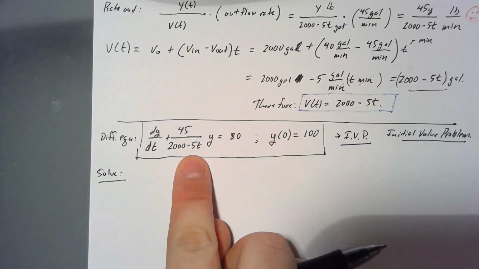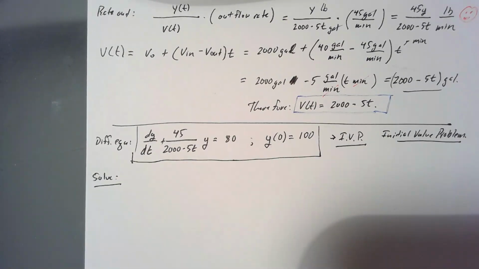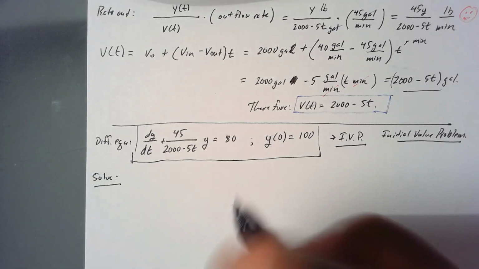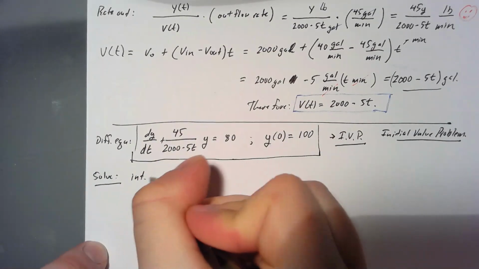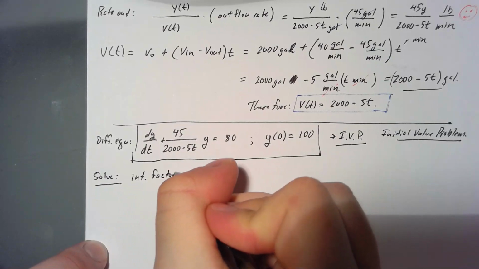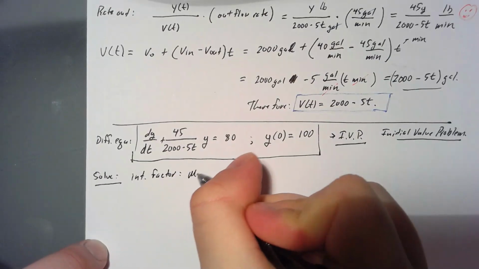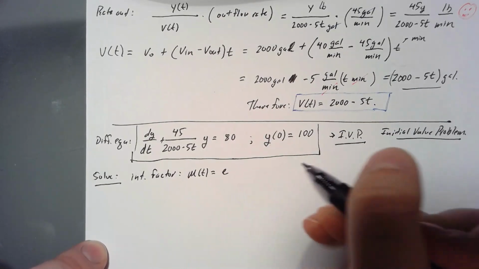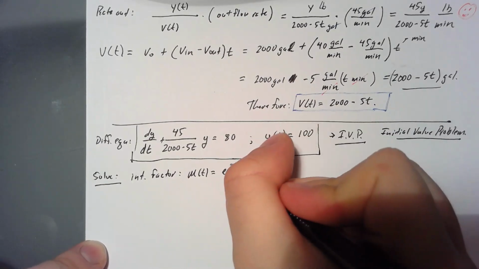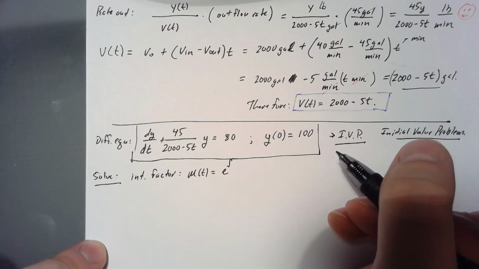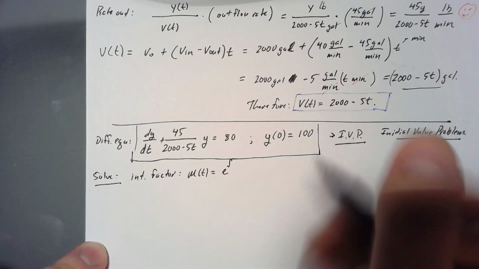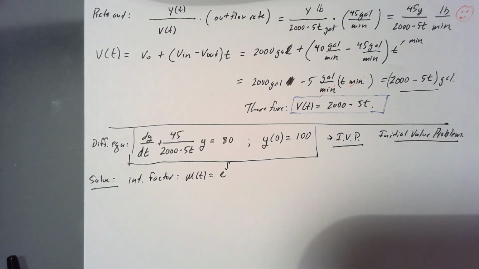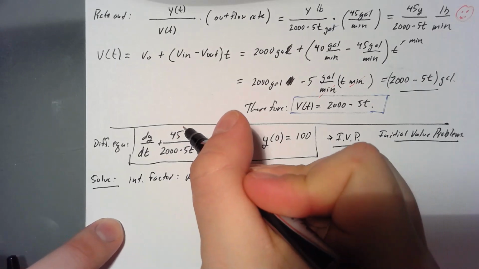It's in standard form, isn't it? Okay, so what's the integrating factor? It's e to what power? The integral of p of t dt, right? But what is p of t? It's this thing.